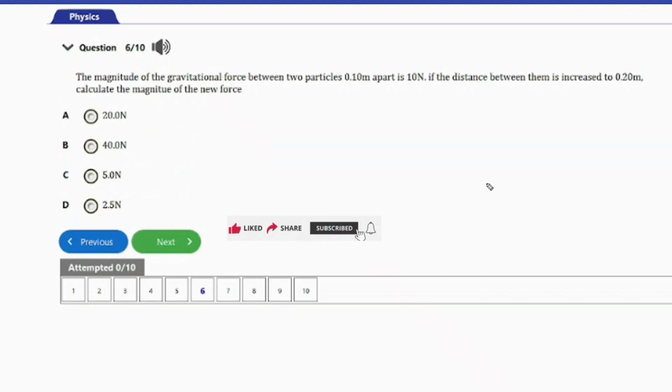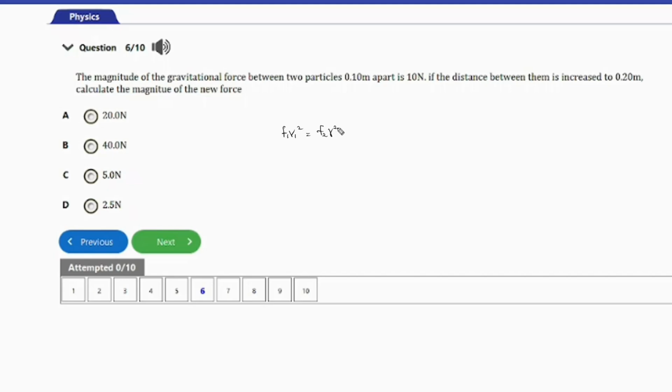So the next question here is question number 6. It says, the magnitude of the gravitational force between two particles 0.1 m apart is 10 newtons. If the distance between them is increased to 0.2 m, calculate the magnitude of the new force. So guys, we're going to use that F1 R1 squared is equal to F2 R2 squared.